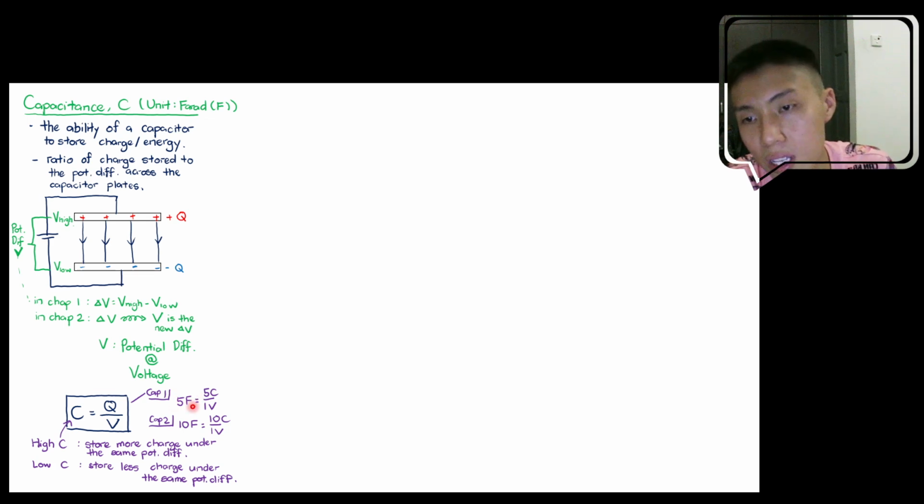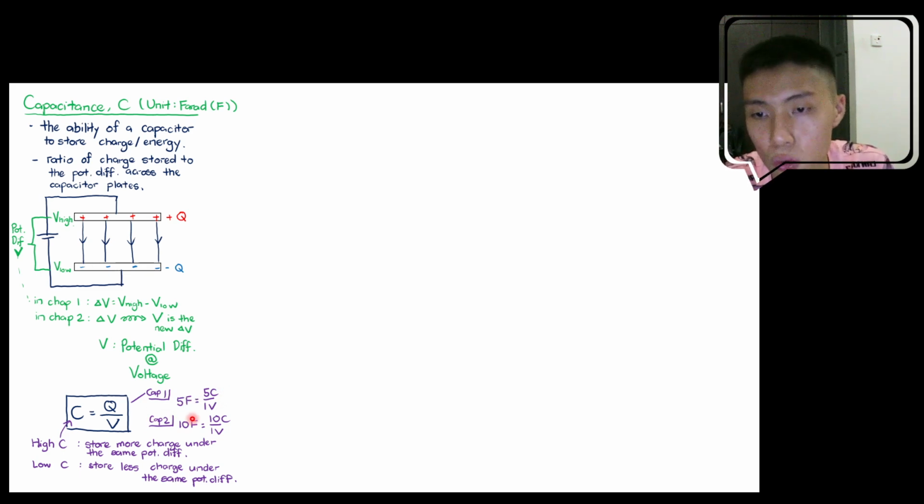If I connect this capacitor that is 5 farad to a 1 volt battery, after I fully charge it, I'll see a charge of 5 coulomb being stored up here, negative 5 coulomb being stored down here. That's the amount of charge stored for capacitor 1. There's only 5 coulomb of charge stored.